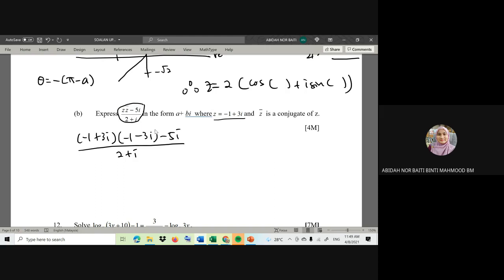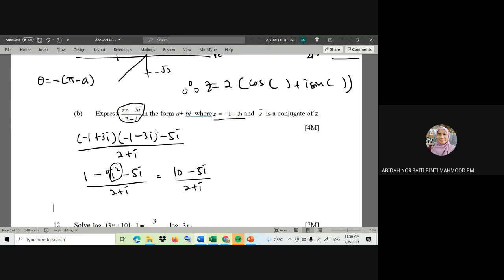Okay, at your numerator, we expand. 1 minus 9i squared, minus 5i over 2 plus i. And i squared, we substitute with negative 1. So 1 plus 9 is 10, right? 10 minus 5i over 2 plus i.